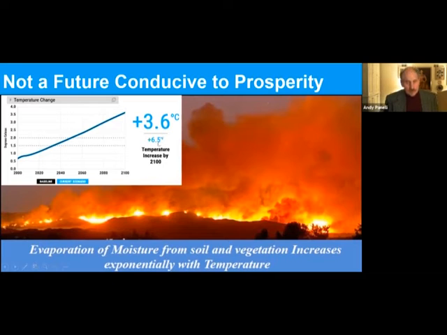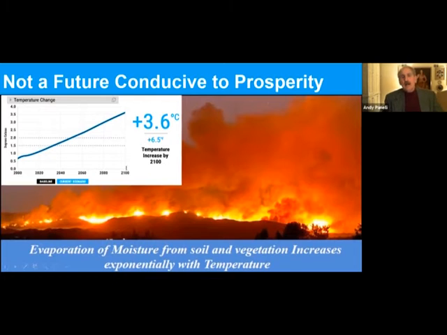But like we said, it could be 2 degrees in some places, 12 degrees in others. And let's not forget that the evaporation of moisture in soil and vegetation increases exponentially with temperature. So we saw a lot of forest fires in Australia and the US this last summer. That's only going to get worse.